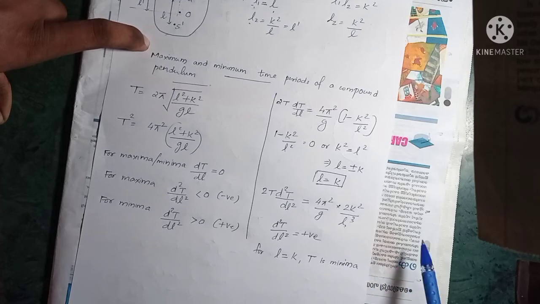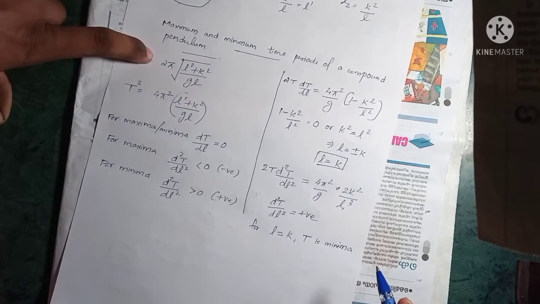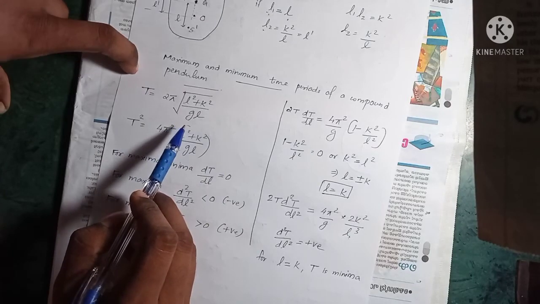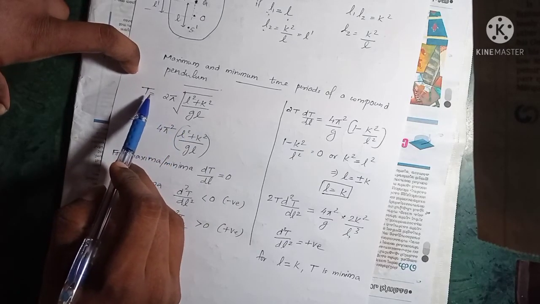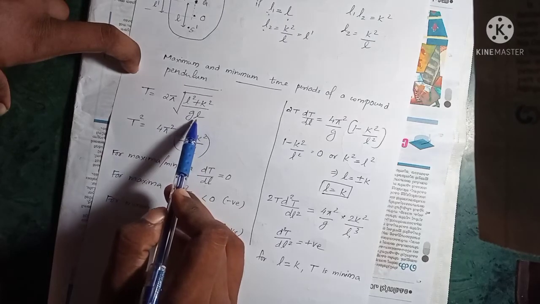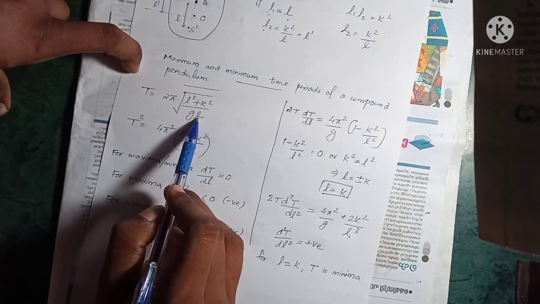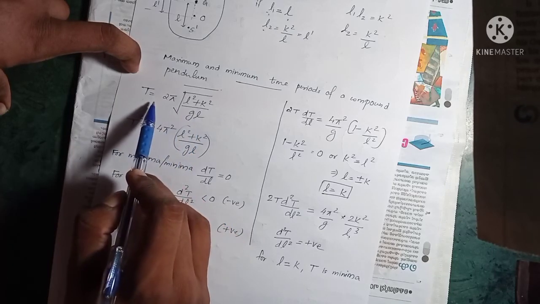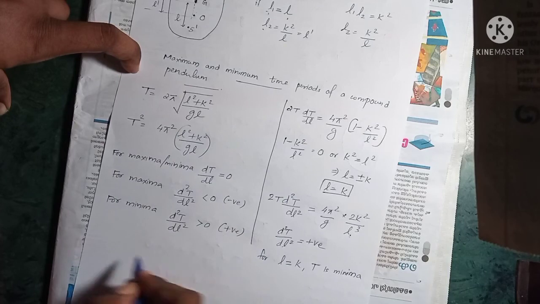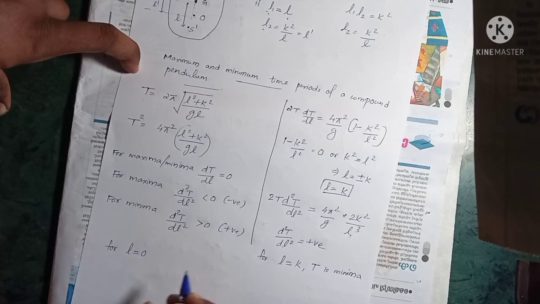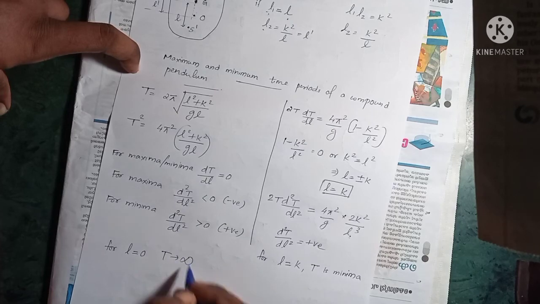Now for maximum time period, looking at this expression again, T should be maximum, right? If you substitute L equals 0 here, the denominator is 0, which means for L equals 0, T will move to infinity.